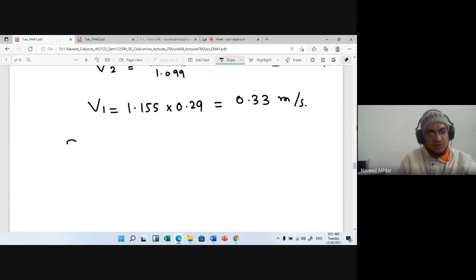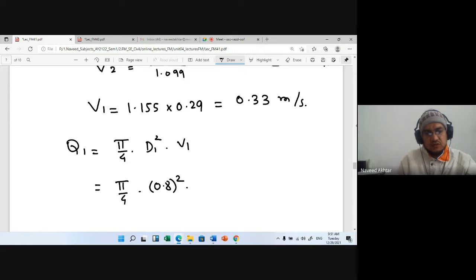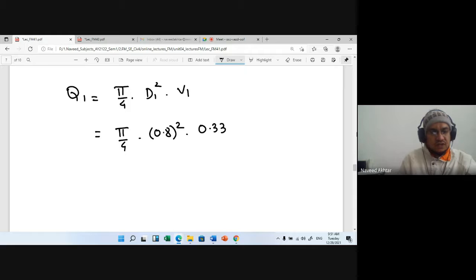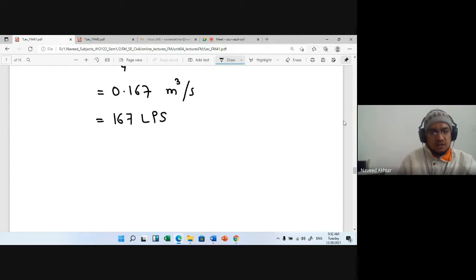Now the velocity 1 and 2 we know, and the area of the pipe we know, as we know the diameter. So Q1 is equal to pi by 4 into D1 square into V1. We put the value pi by 4 into 0.8 whole square into V1, which is 0.33. After calculation, the discharge Q1 will be 0.167 meter cube per second, or you can write 167 liter per second, multiplying by 1000.